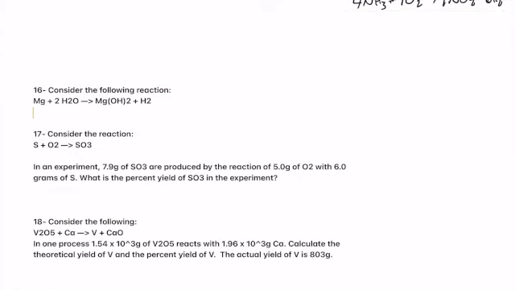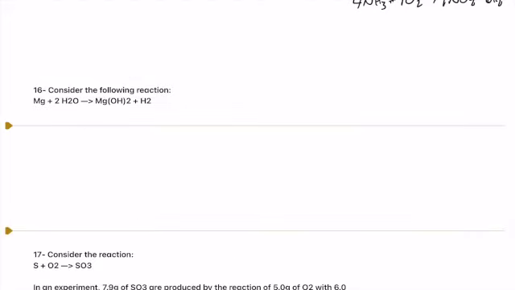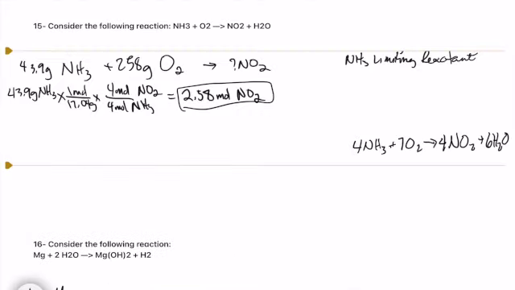But we do need to also determine how much reactant is left. And so we know that we had excess oxygen. When we reacted our 2.58 moles of ammonia, we left over quite a bit of oxygen. So here we'll take a look at that. Again, we'll start out similarly, 43.9 grams of ammonia.